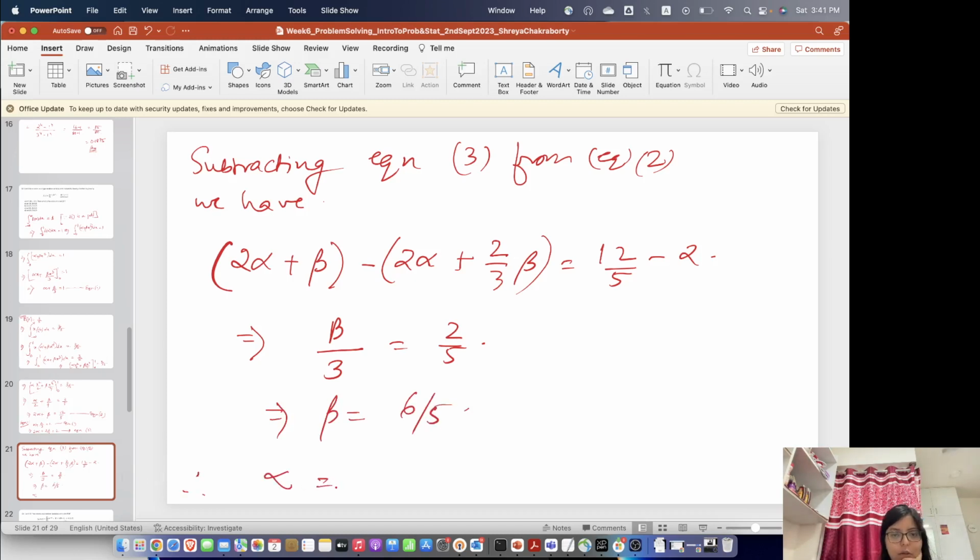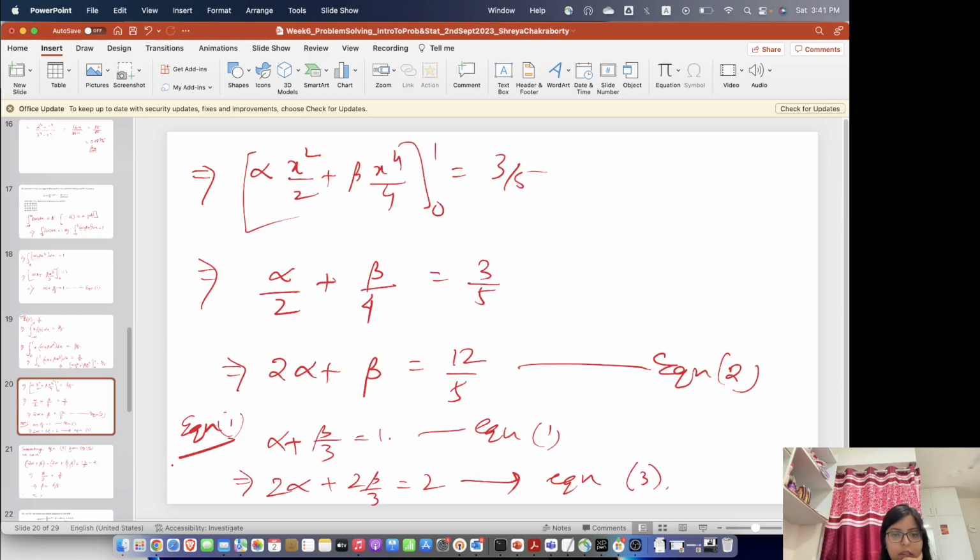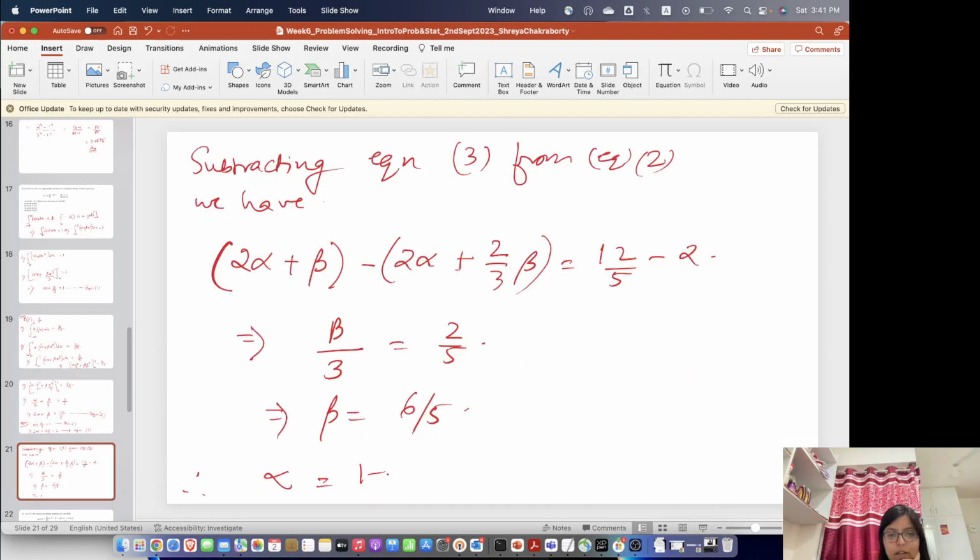Therefore, alpha equals 1 minus beta by 3, which is 1 minus 6 by 5 by 3, equals 1 minus 2 by 5, that is 3 by 5.